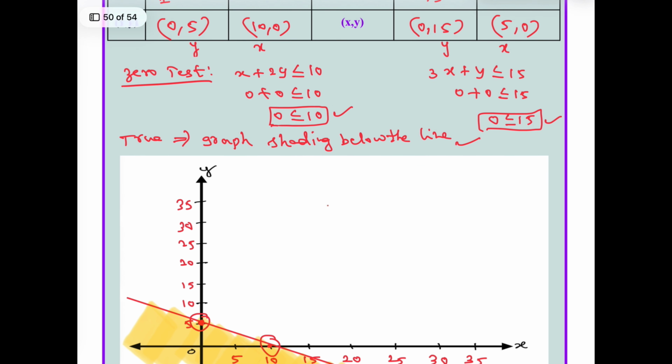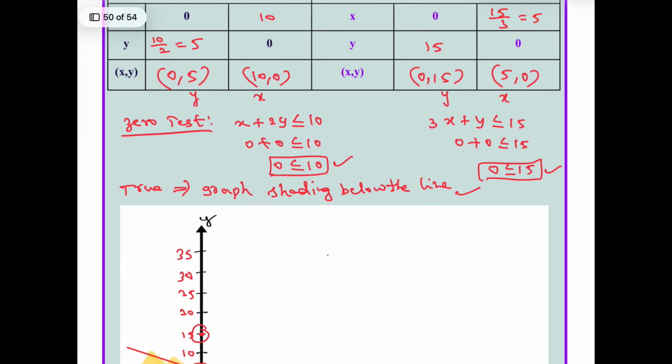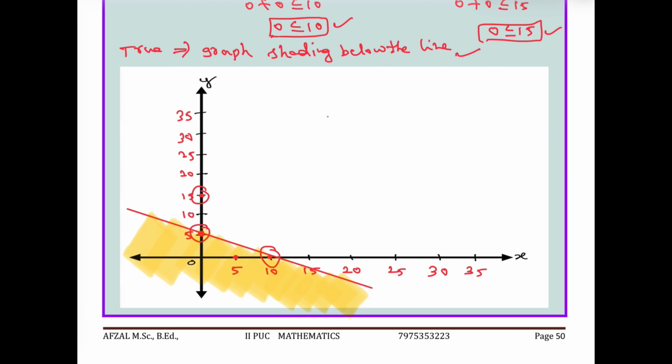Next, second point, y is 15 and x is 5. Here also join both the points by using the scale.